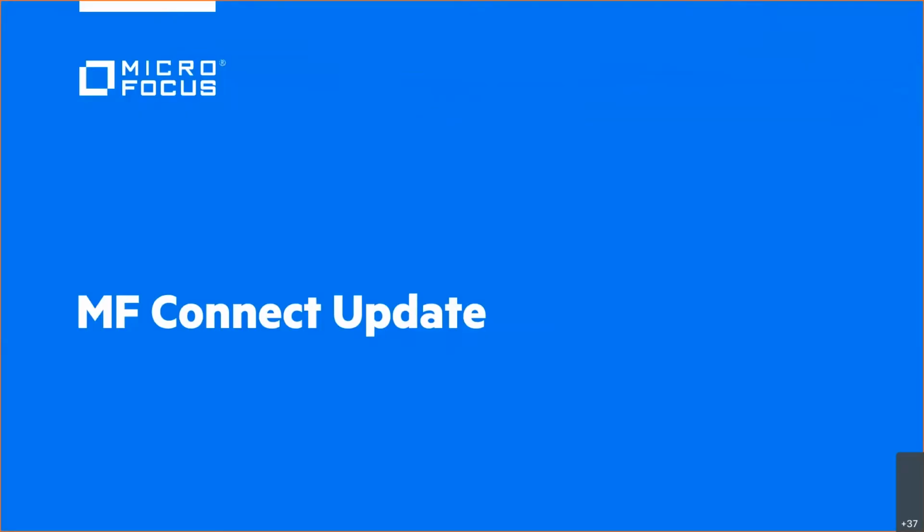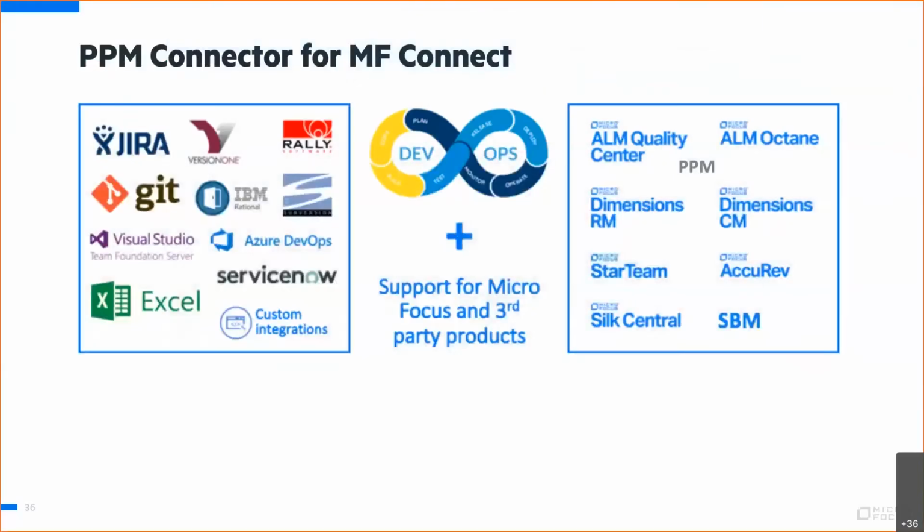Now let's talk about the Micro Focus Connect. Micro Focus Connect is a Micro Focus product. It's basically a middleware to do entity sync between the tools, but it doesn't store the data in itself. So Micro Focus Connect provides the out-of-box connectors to the popular toolset in the IT world.